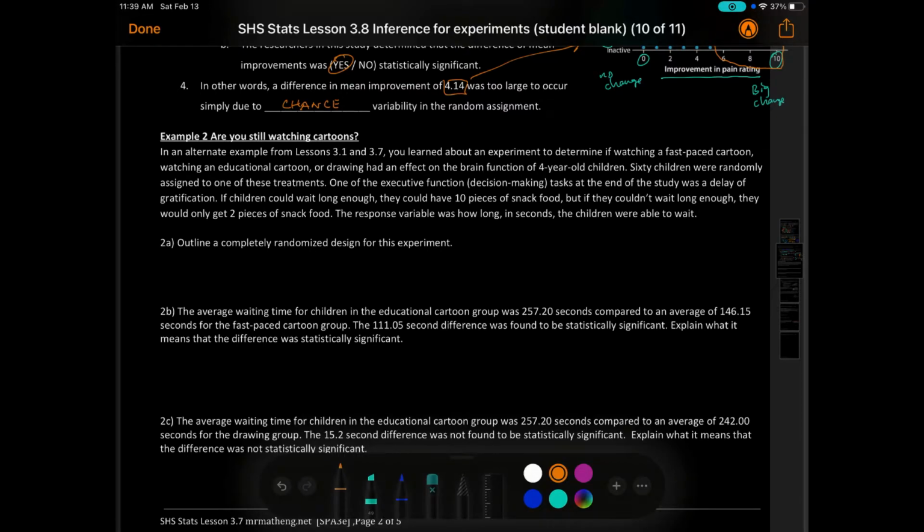One of the executive functions, which is decision-making, tested at the end of the study was delay of gratification. If children could wait long enough, they could have 10 pieces of snack food. But if they couldn't wait long enough, they would only get 2 pieces. The response variable was how long in seconds the children were able to wait.